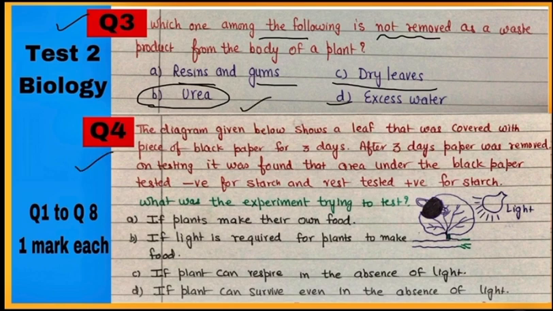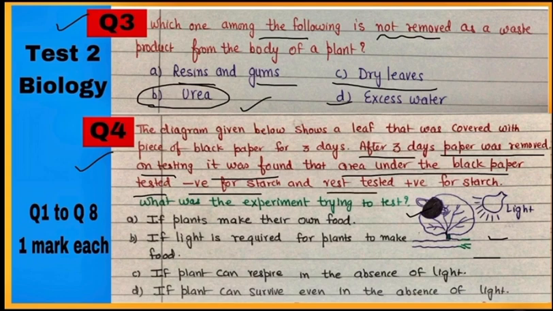Question 4. The diagram given below shows a leaf that was covered with black paper for 3 days. After 3 days, the paper was removed. On testing, it was found that the area under the black paper tested negative for starch and the rest tested positive for starch. What was the experiment trying to test?